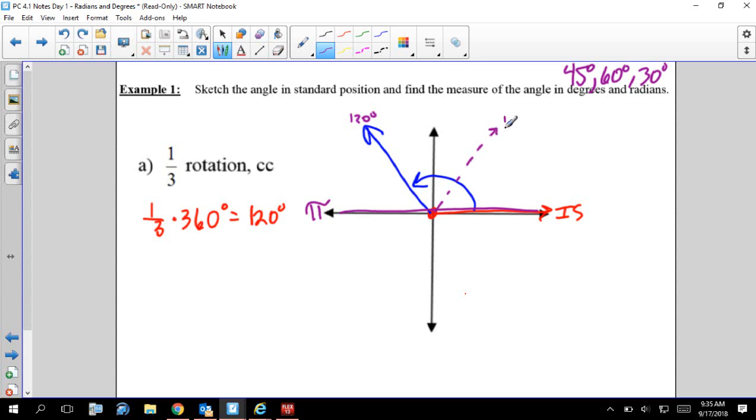So the first one is pi divided by how many 60s fit in the whole thing? How many 60s fit in 180? So this is pi over 3. So this is what? 2 pi over 3. Brilliant. Okay.